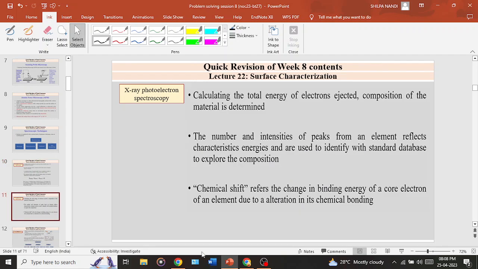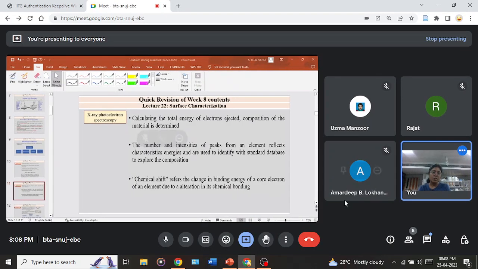In XPS, as you can see, we calculate the total energy of the electrons ejected. That helps to determine the composition of the material. The number and intensity of the peaks from an element reflect the characteristic energy and are used with a standard database to identify the composition.